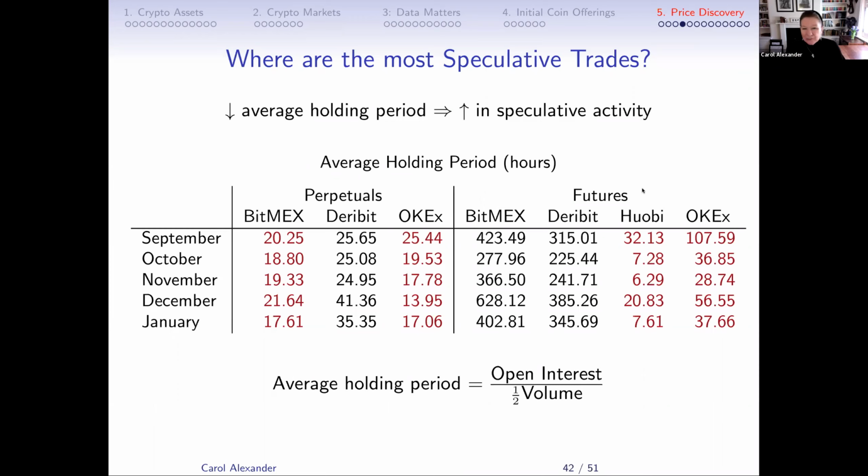And this is looking at data up to January last year. So these were fairly new on the block, Huobi and OKEX. Obviously, Huobi has a lot of speculation, whereas Deribit much less. BitMEX actually less on the futures, and most of the speculation you can see is on the perpetuals.